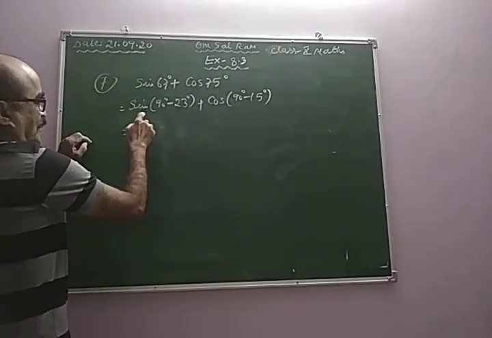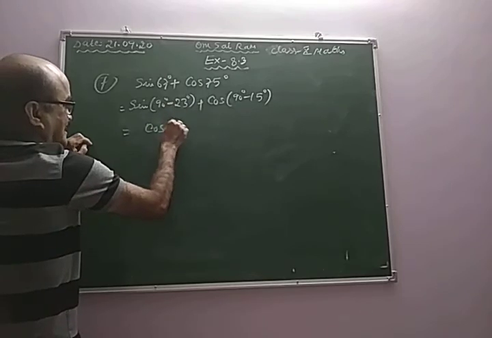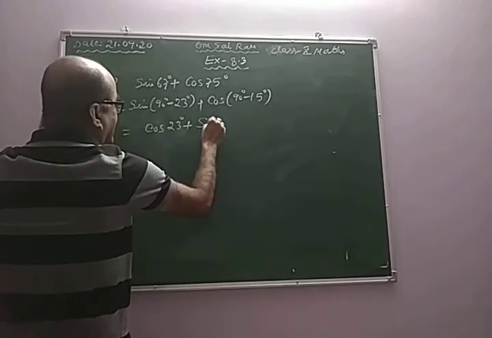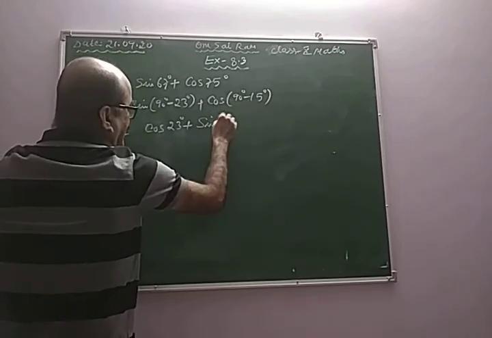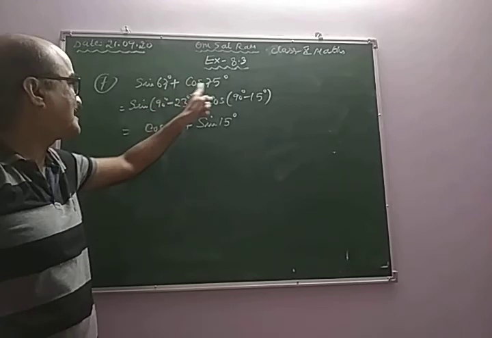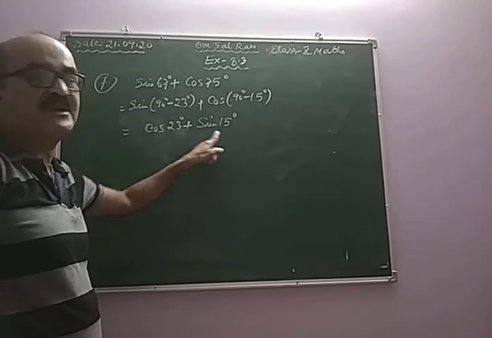So what will happen? Sine of (90 minus theta) is cos theta, where theta is 23 degrees. And cos of (90 minus theta) is sine theta, where theta is 15 degrees. So now you can see 67 and 75 are converted to angles between 0 and 45.